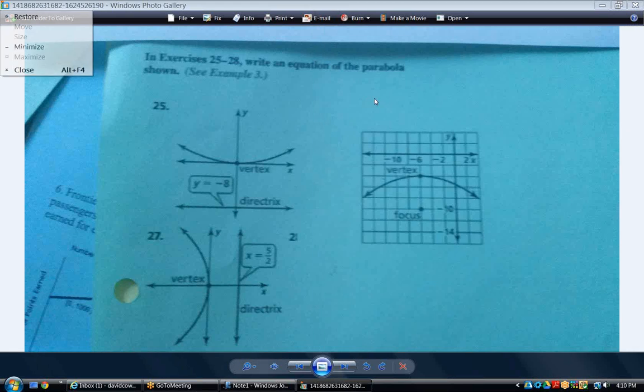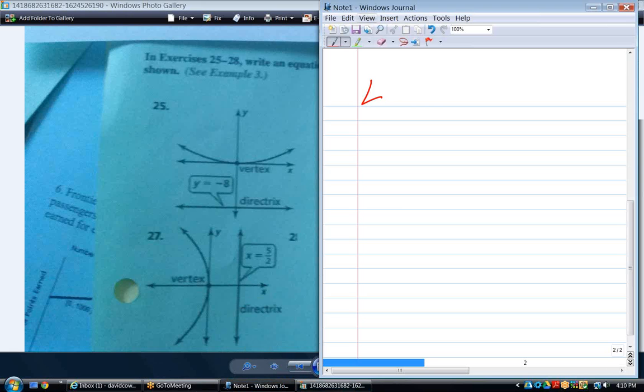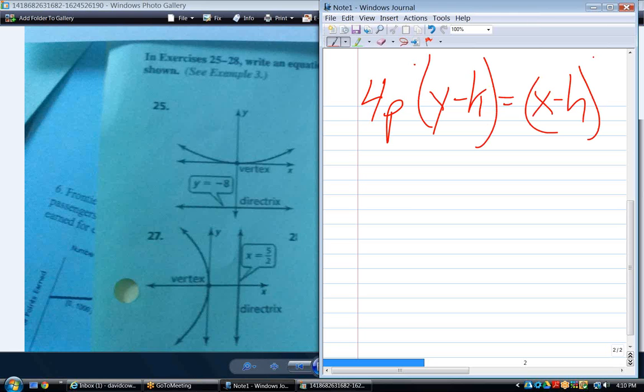Well, different schools do it different ways, but there's the general equation that's going to work the best on this problem. Now, the other equations you have for a parabola are this. Remember, this is vertex format.